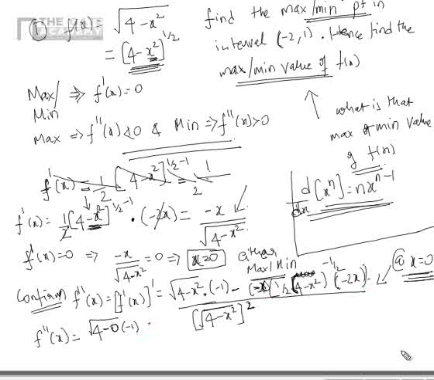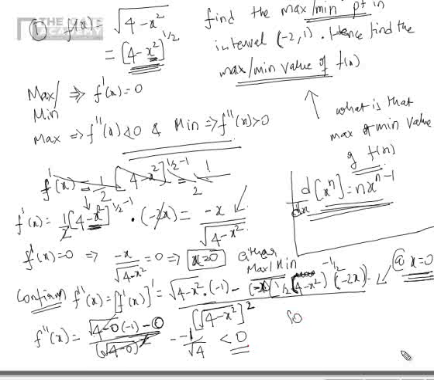So this whole part will become 0, minus 0, because x is taking the value 0, divided by 4 minus 0 the whole square. Now this is root of 4 minus 0, this is 4 minus 0 the whole square. So one thing will get cancelled, so I will get minus 1 by root 4. This is less than 0.